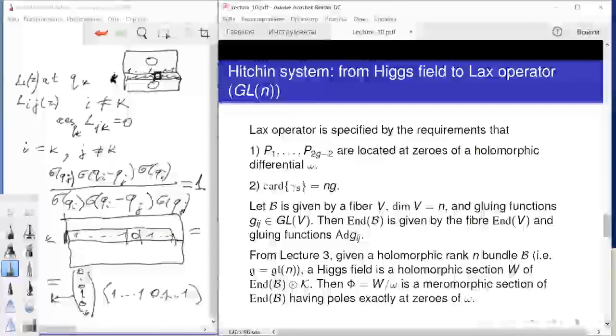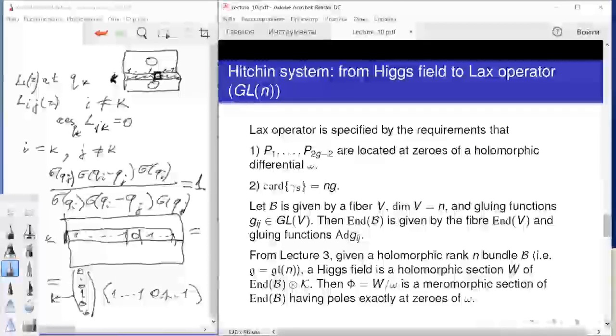N comes from GLN. Well, it can be considered as one of the definitions of the Hitchin system.